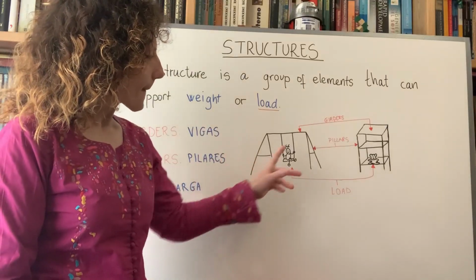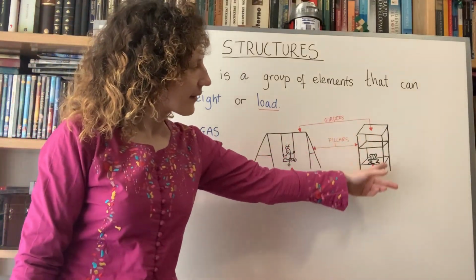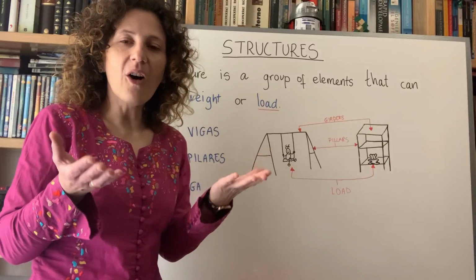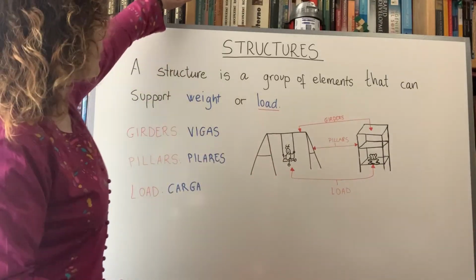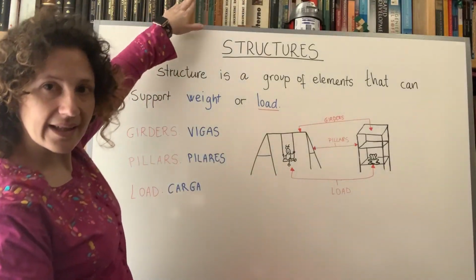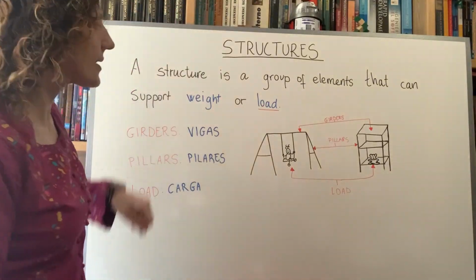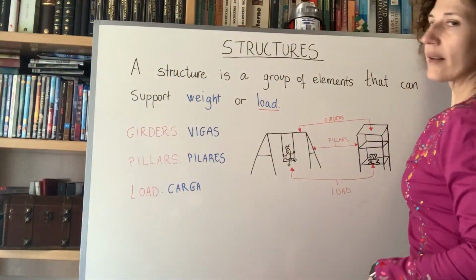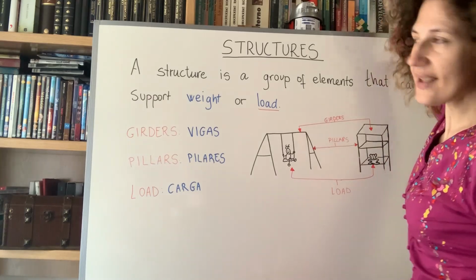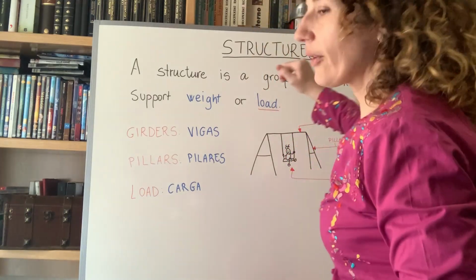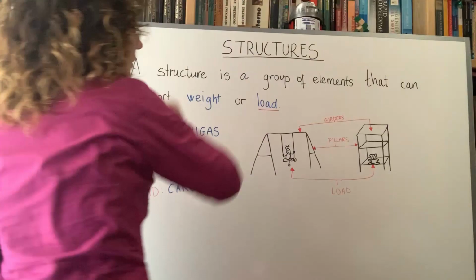What are the pillars? The pillars are the parts that are going to support all the weight. For example, these that you can see here are the pillars. This wood in here, you can see properly. I will try to move this. Are the pillars, okay?